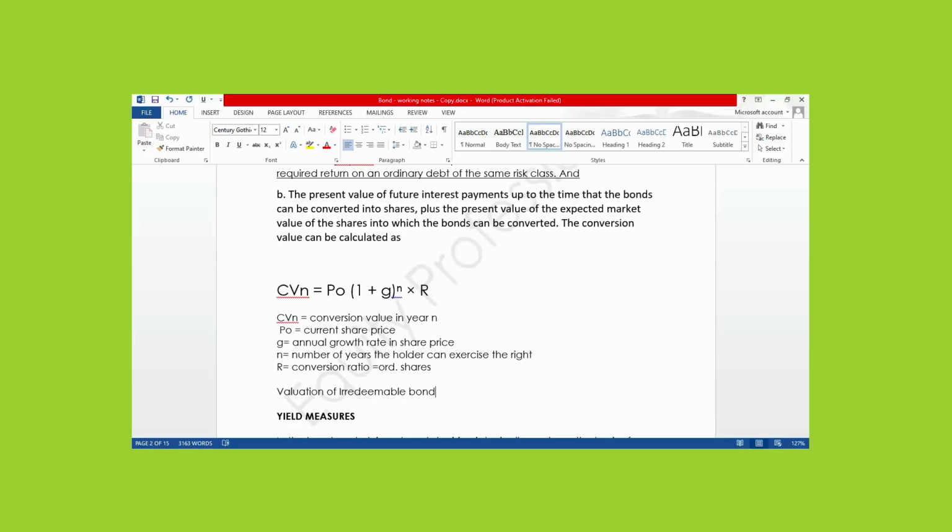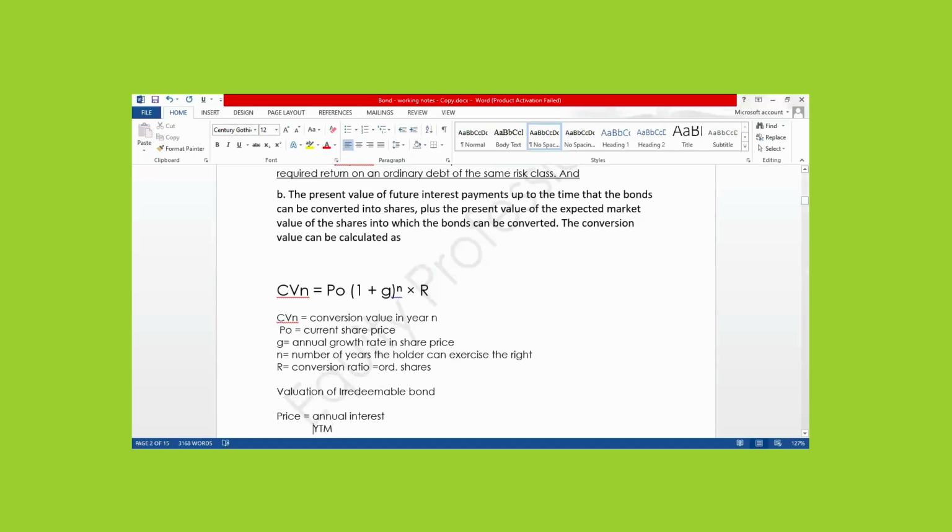If you are to calculate the price of an irredeemable bond, this is calculated as annual interest divided by yield to maturity.